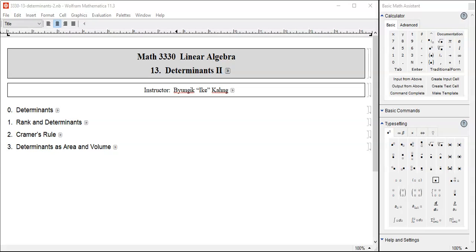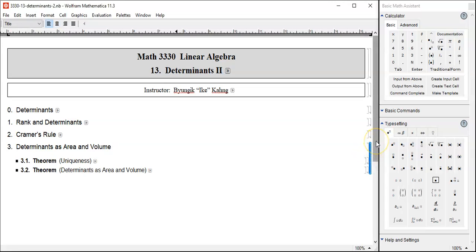Hello students, welcome back. Third section, determinants as areas and volumes. This is not that important in terms of linear algebra alone, but if you combine this with analysis, this is humongously important because this is the backbone of Jacobian determinant computation that applies for multivariable calculus and vector calculus.